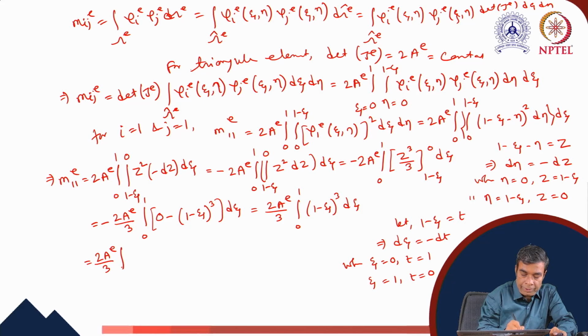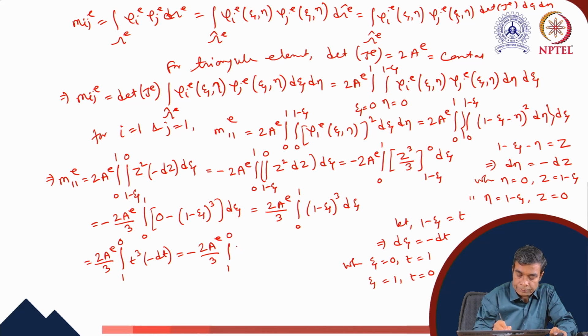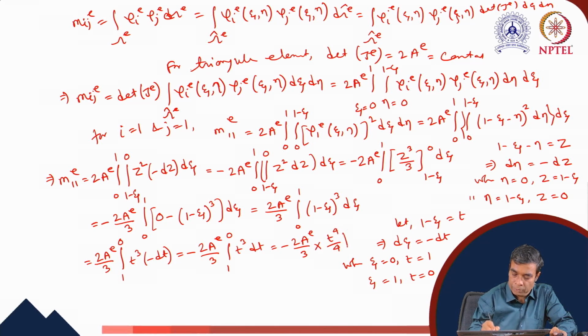This gives us 2Ae by 3 integration, when xi is 0, t is 1, when xi is 1, t is 0. 1 minus xi whole cube is t cube, and d xi is minus dt, so minus 2Ae by 3 integration 1 to 0 t cube dt equals minus 2Ae by 3 into t to the power 4 by 4, where t is varying from 1 to 0.